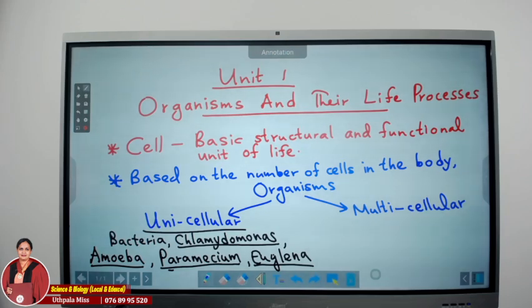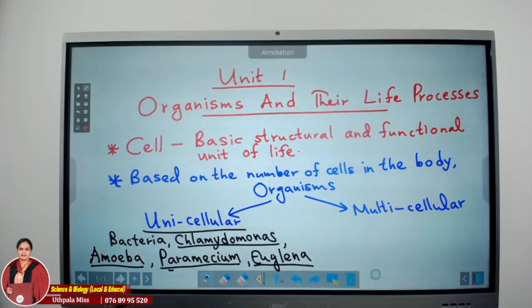Unicellular organisms have only one cell. Unicellular organisms can be both eukaryotic and prokaryotic. Bacteria are unicellular organisms that are prokaryotic. They do not have a nucleus or membrane-bound organelles. Euglena and parameciums are unicellular organisms that are eukaryotic and have a nucleus.